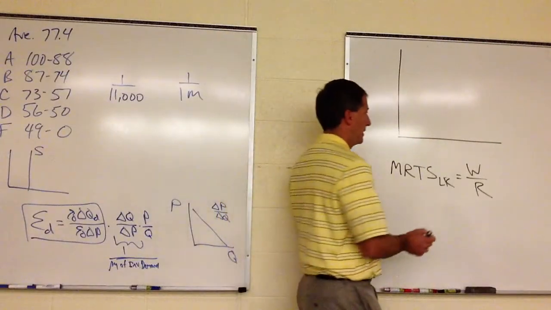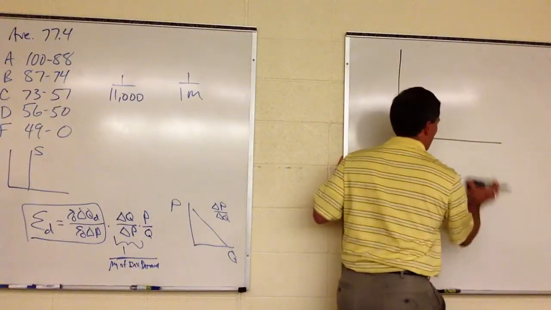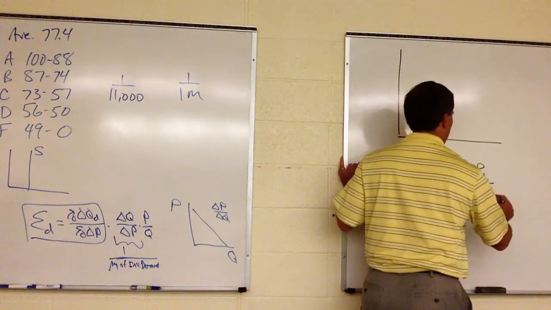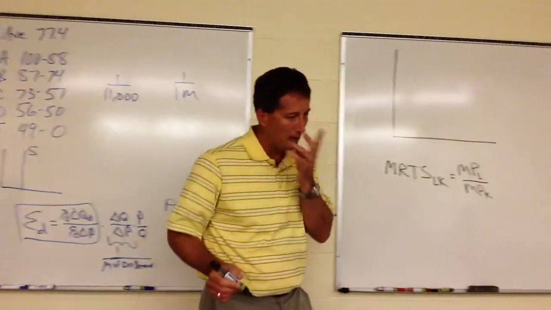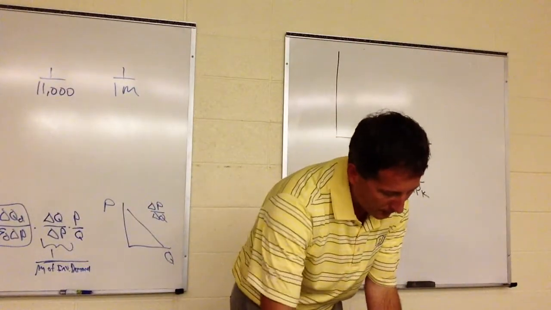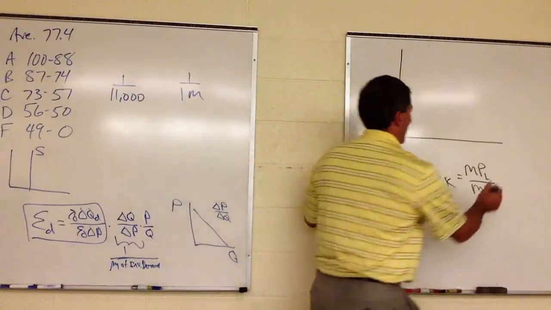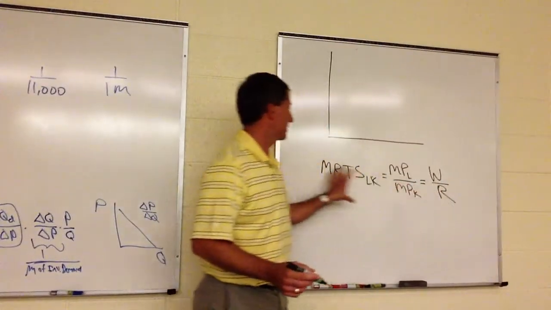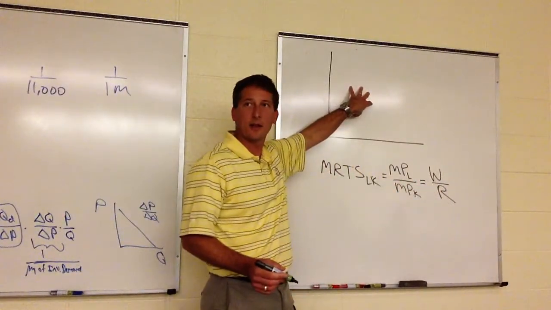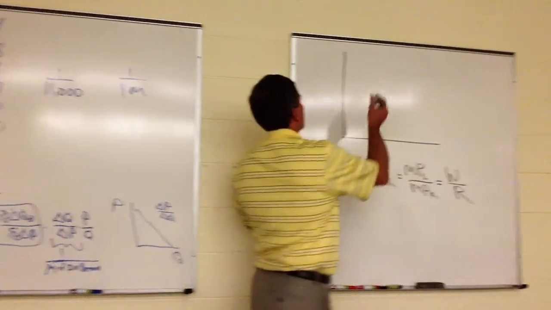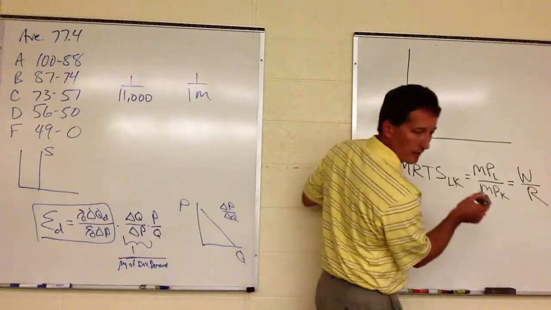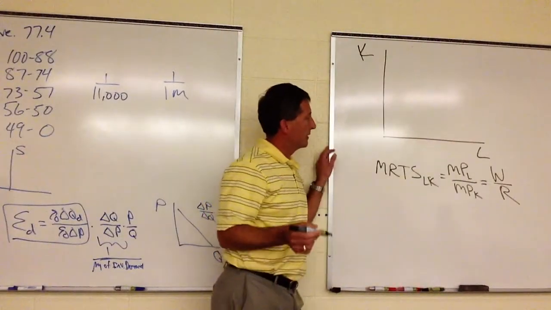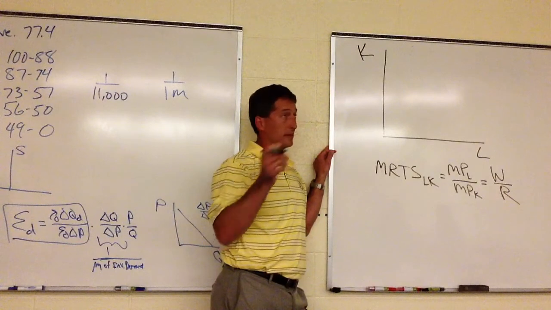Maybe put one more thing here: the marginal product of labor over the marginal product of capital. This piece of the puzzle gives us the points for the optimal combinations of labor and capital.